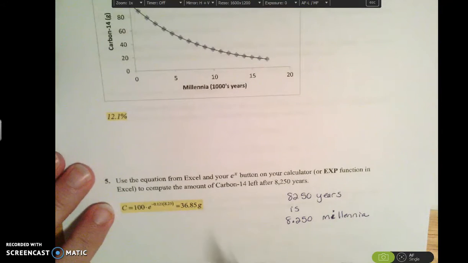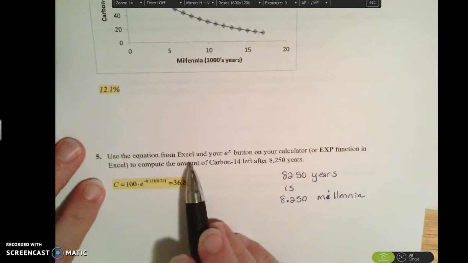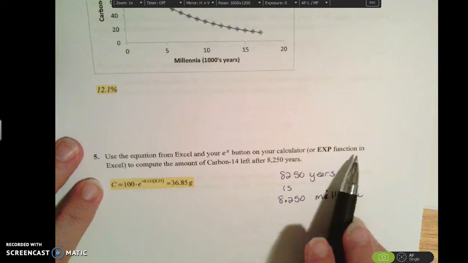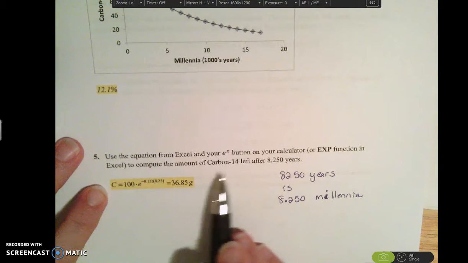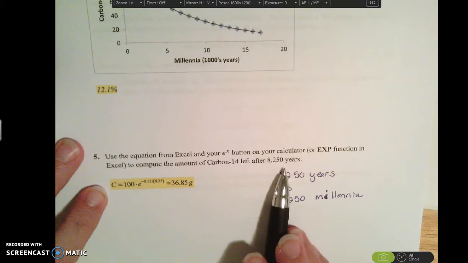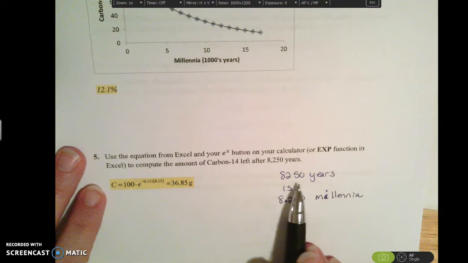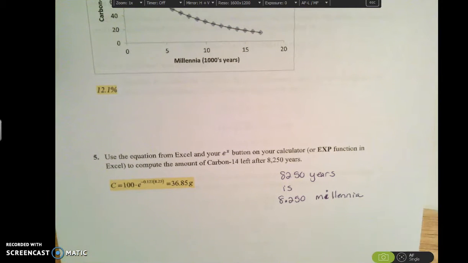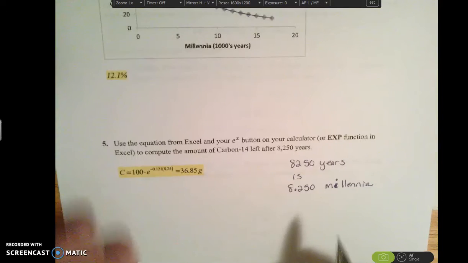So use that equation from your Excel and your e to the x button on your calculator, or the exponential button, to compute the amount of carbon-14 left after 8,250 years. The first thing we have to know is that the value of m in our formula is the millennia.